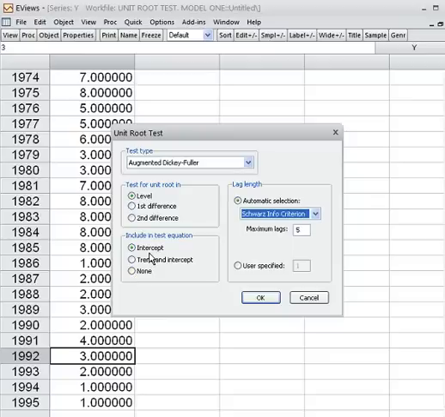All three, suppose we want to take a decision about a particular variable, then all these 3 must agree. If one disagrees, then we cannot take the decision. So all 3 must agree about whether this particular variable has a unit root or not.